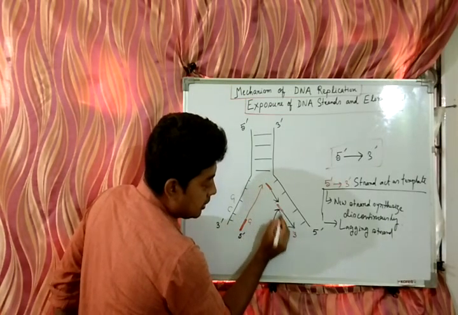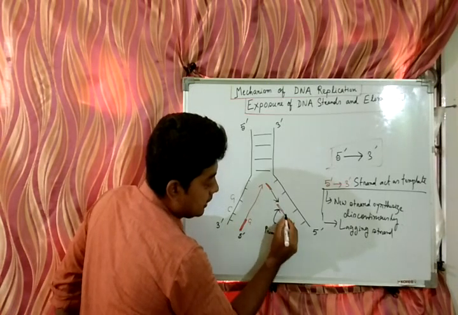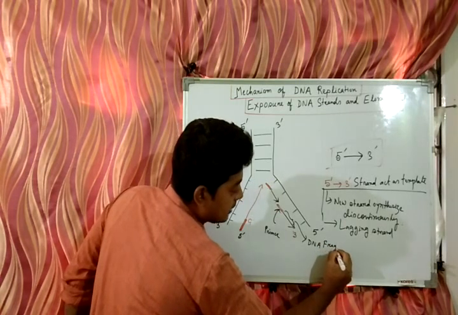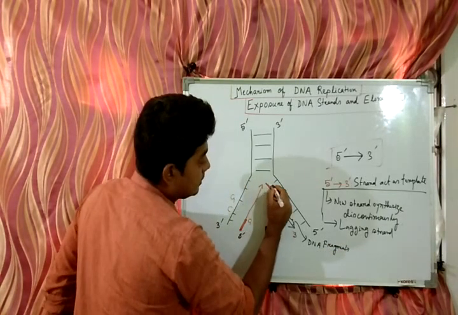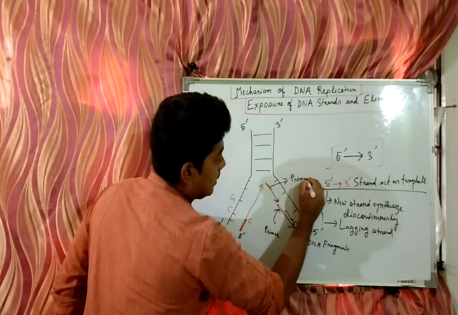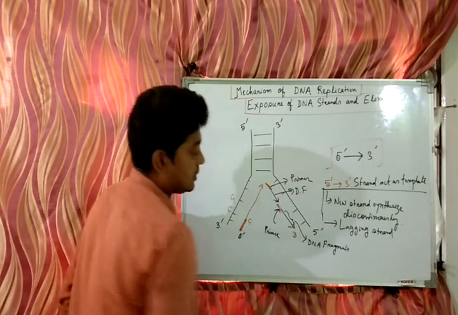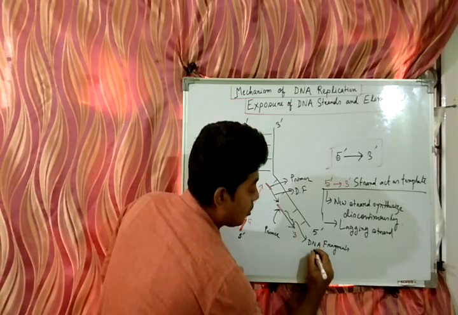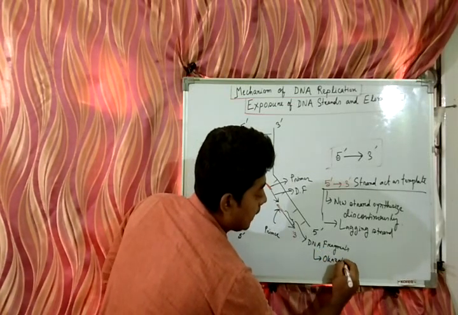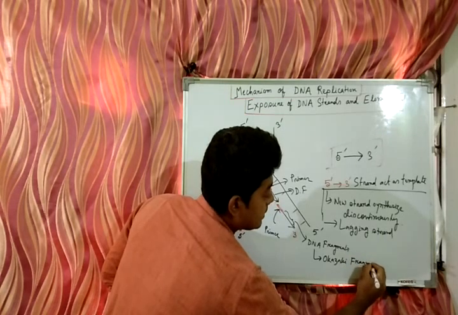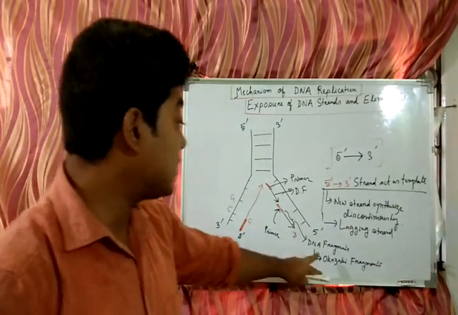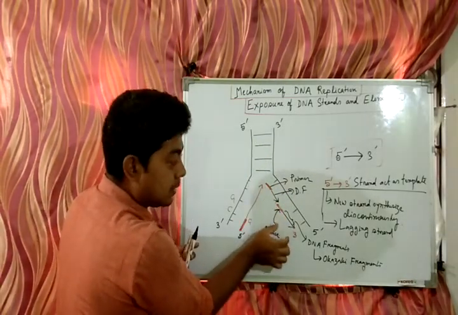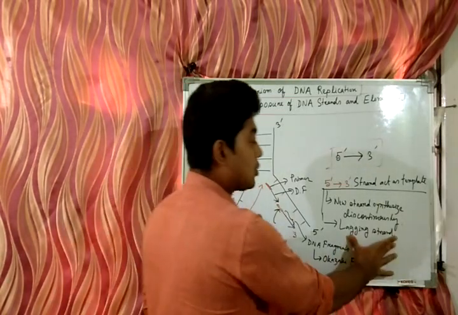This is primer, this is primer, this is the DNA fragment, and so on. That means they produce some fragments of DNA. These DNA fragments are called Okazaki fragments, as these are synthesized in pieces. In between, primers are there, so this strand is called the lagging strand.